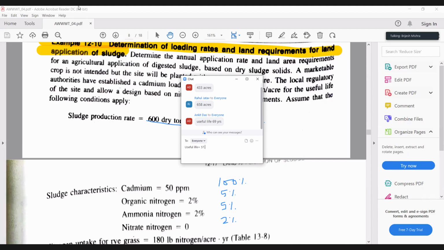Any other one? Because now I got two answers, and till now I have not solved. That's why I'm asking. Now I have to decide whether Ankit is right or Rahul is right.